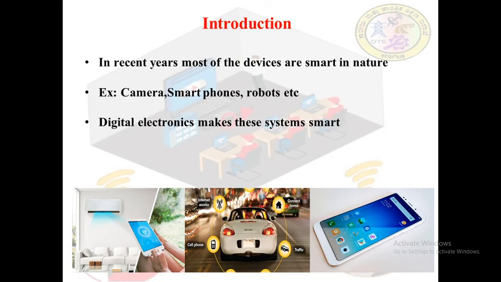This analog signal has to be converted into a machine understandable form, that is to a digital form. This is the main concept that we are going to discuss in this chapter. This entire thing is called digital electronics. All modern devices' smartness depends on digital electronics.